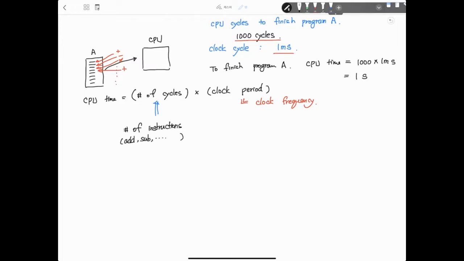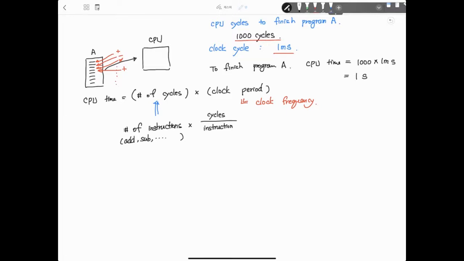And per each instruction, we need clock cycles.